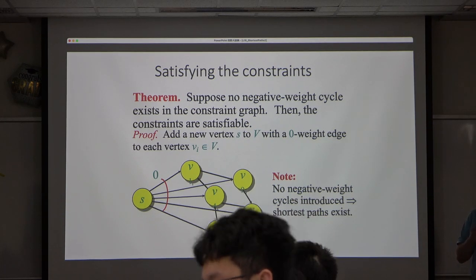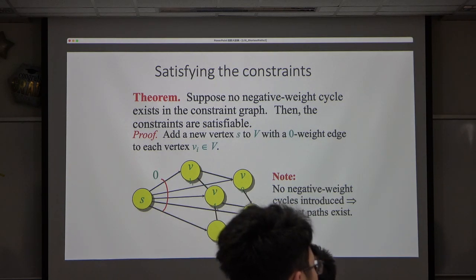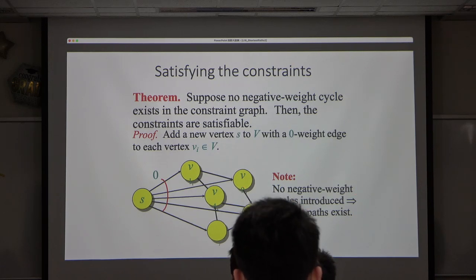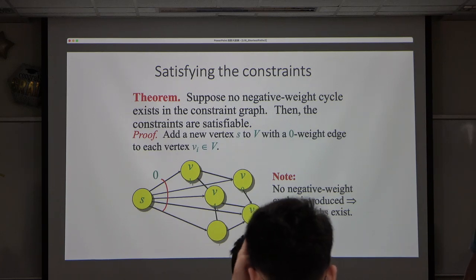So having said that, if no negative weight cycle is introduced in this graph, there must be a shortest path from node S to every other node. To every other node, we have a shortest path, right?